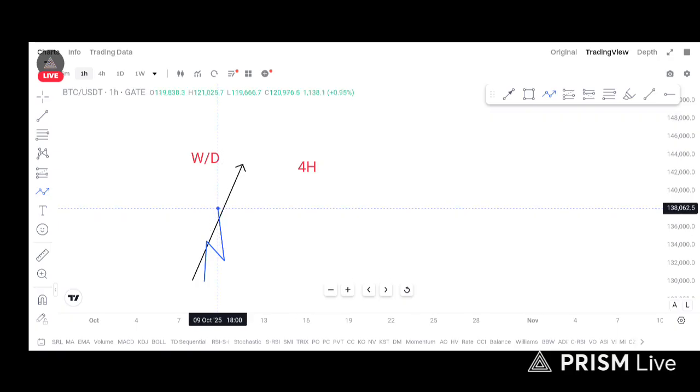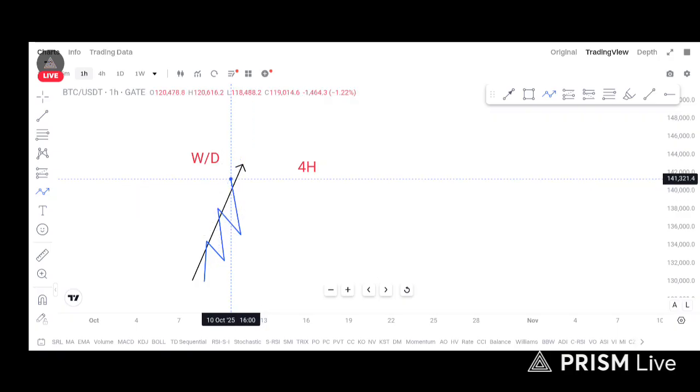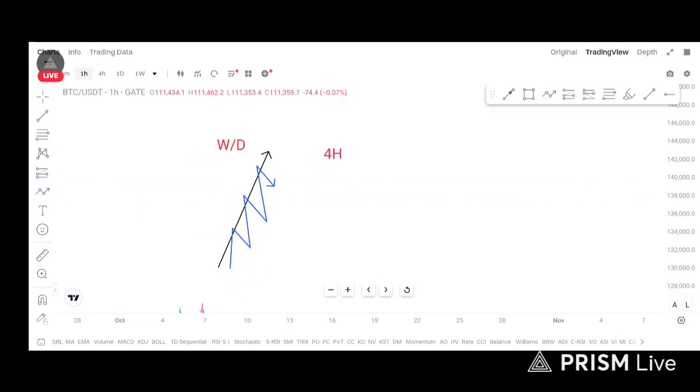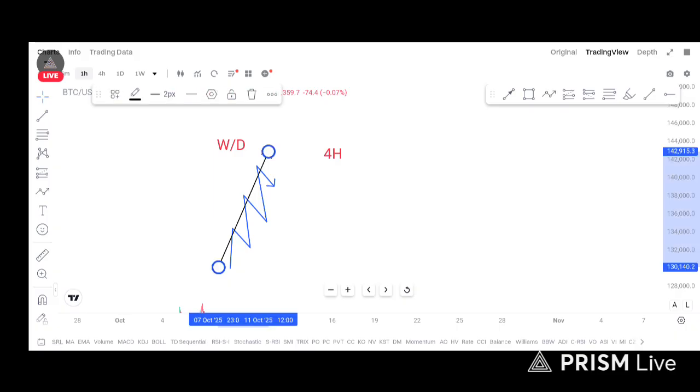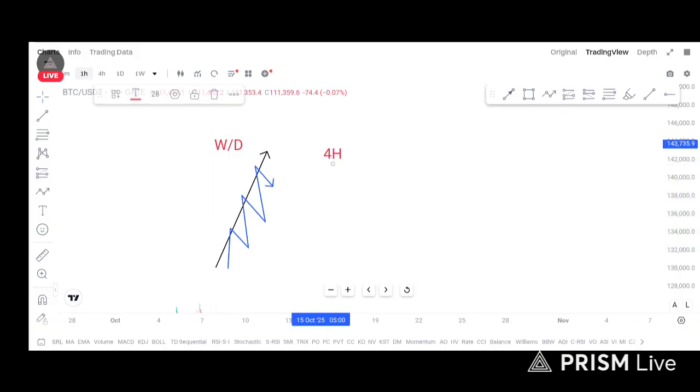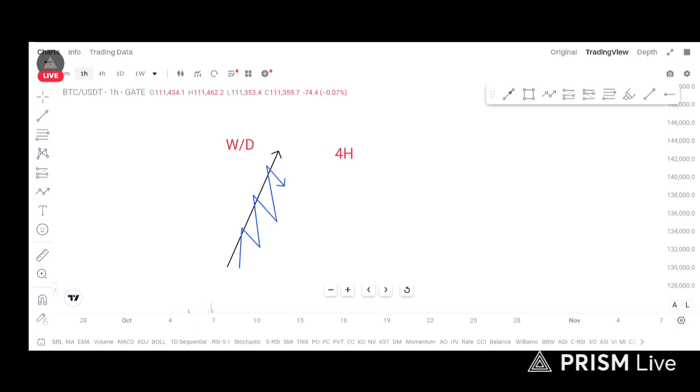When you are looking at the daily time frame, you can't just work with this one move here. You need more details. So the 4-hour works as the time frame that will give you more details about what this directional time frame is talking about.